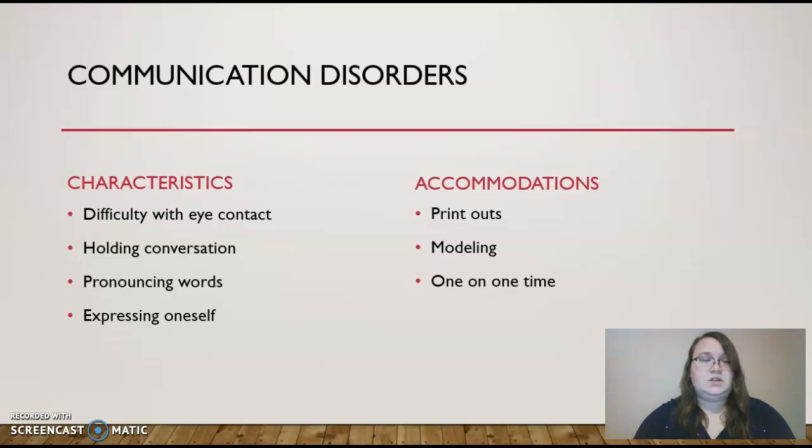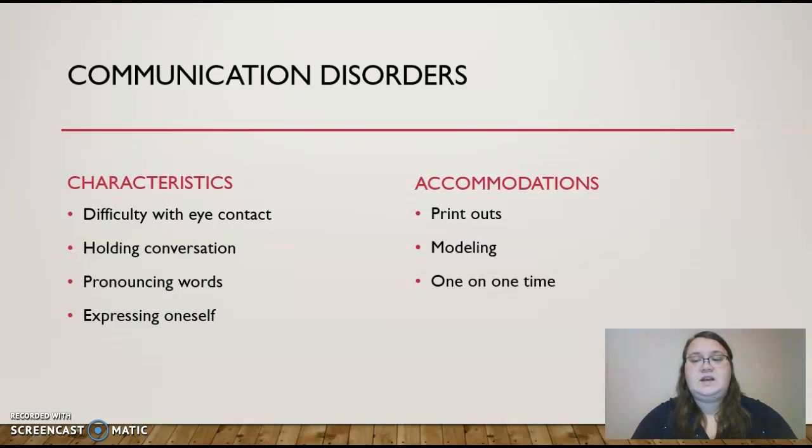Communication disorders are characterized by difficulty with eye contact, holding conversations, pronouncing words, and expressing oneself. Printouts will help here as well, along with modeling the instructions and one-on-one time during the class, because again, these children with a communication disorder have issues expressing themselves.